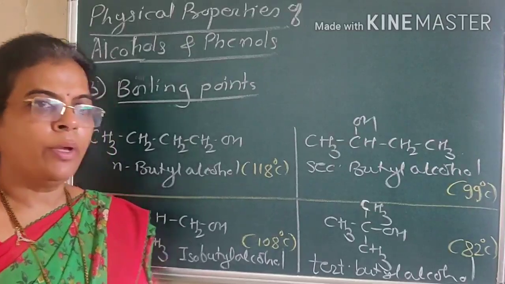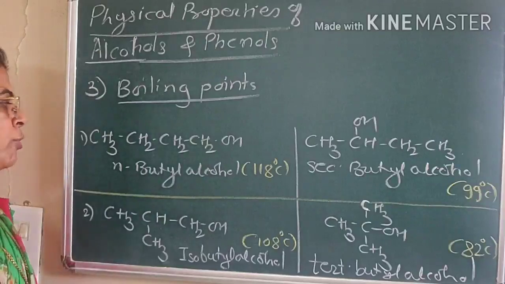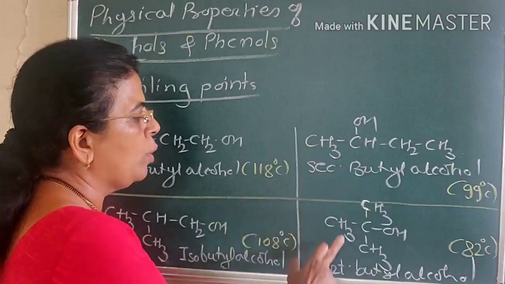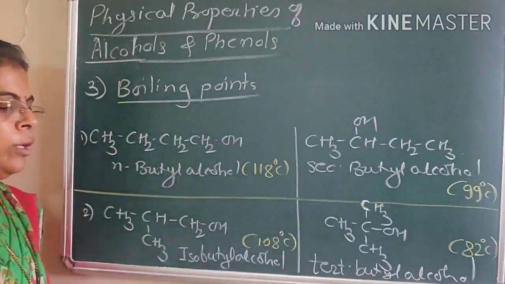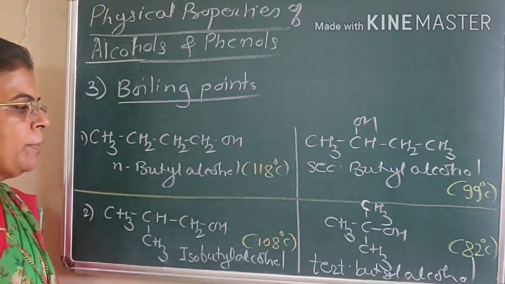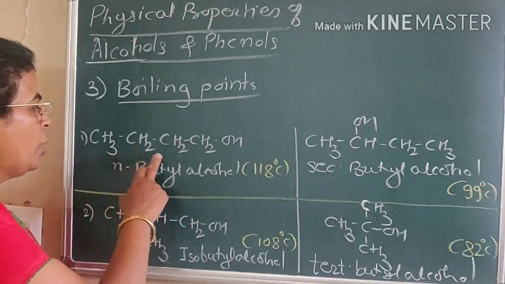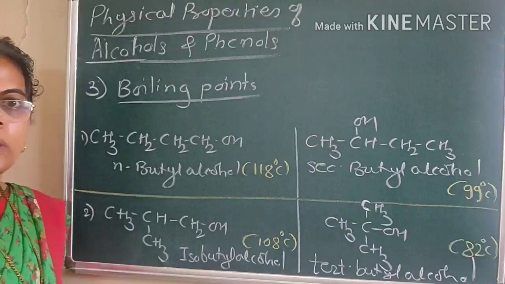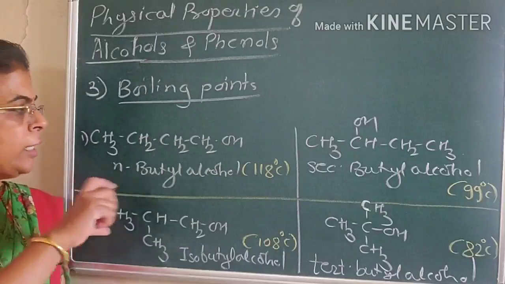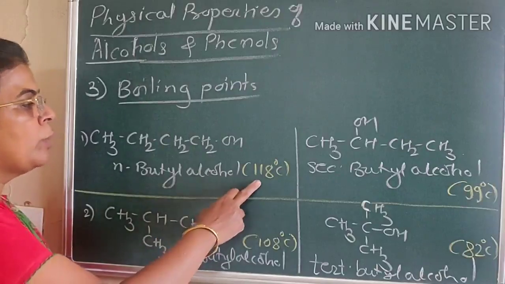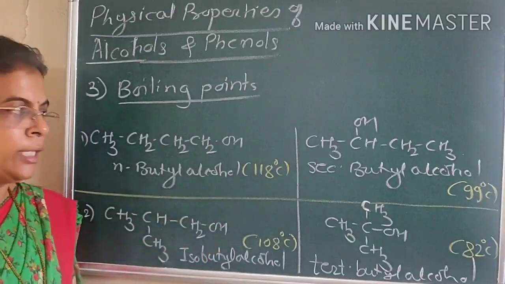Now we are going to compare the boiling points of n-butyl alcohol, isobutyl alcohol, secondary butyl alcohol and tertiary butyl alcohol. In n-butyl alcohol, all the atoms in the compound are in a straight chain. Therefore, the boiling point of n-butyl alcohol is 118 degrees Celsius.